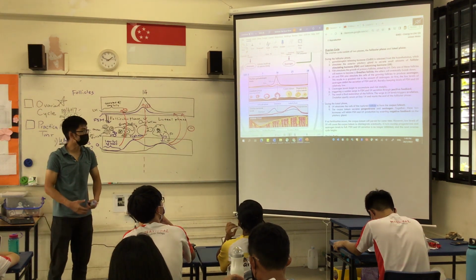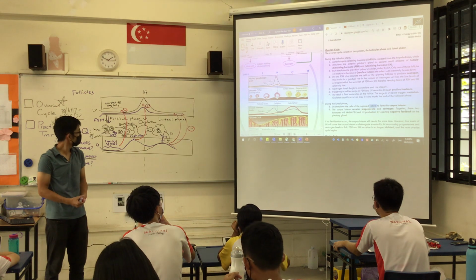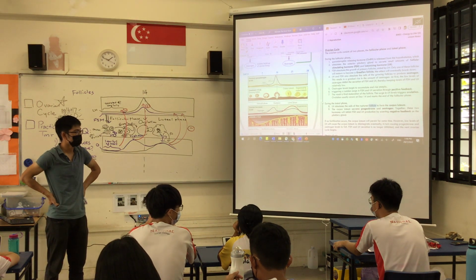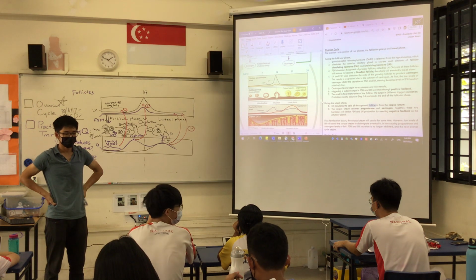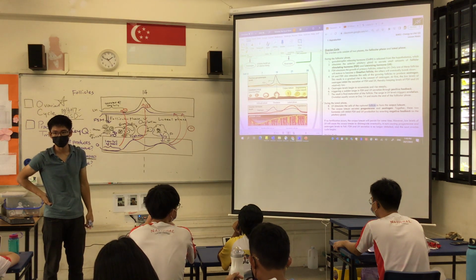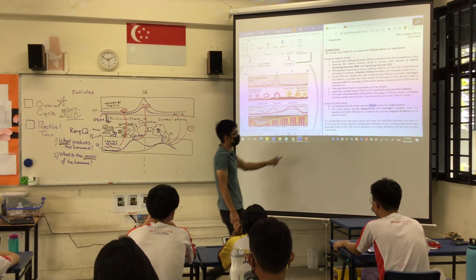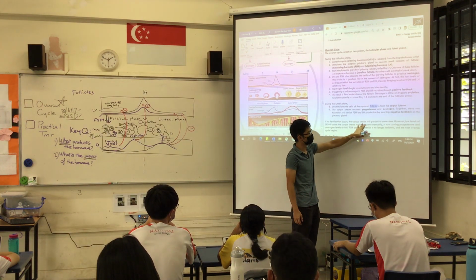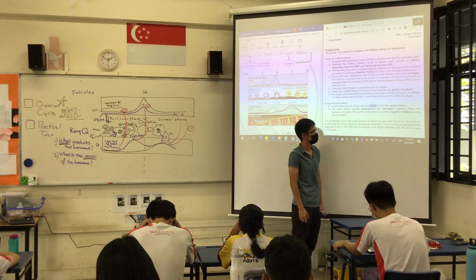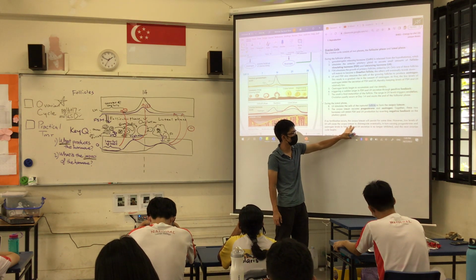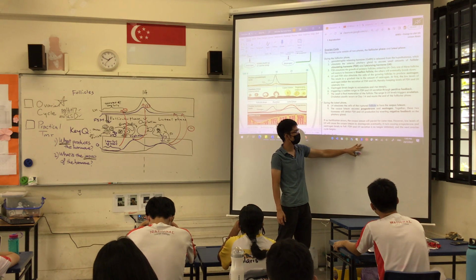Okay, so we're done with all 9 points. We know that this is a cycle, so this will repeat itself again. So, if no fertilization occurs, the corpus luteum will persist for some time. However, low levels of LH will cause the corpus luteum to break down eventually.